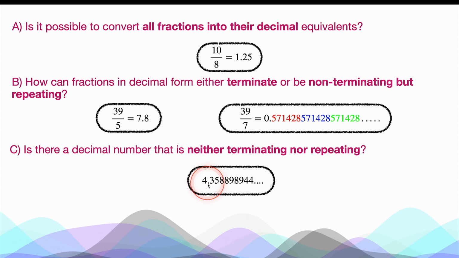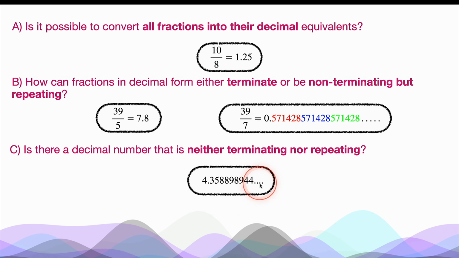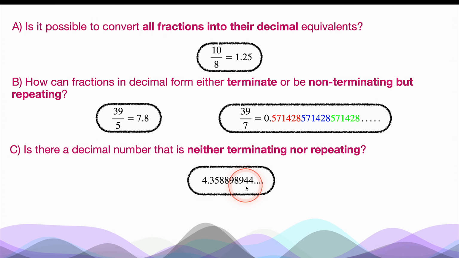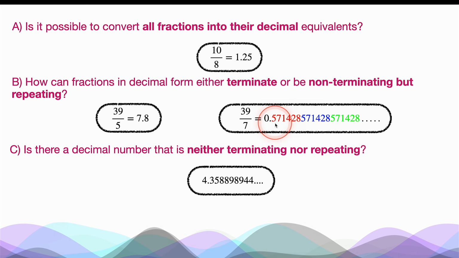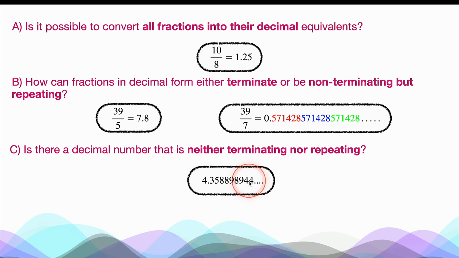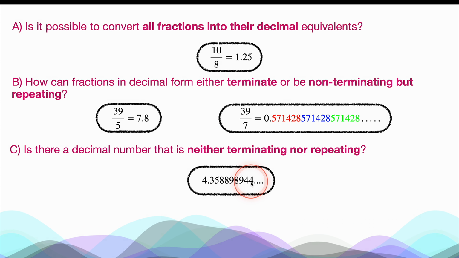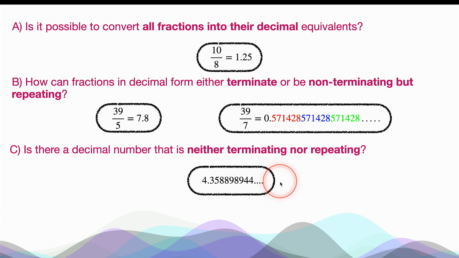This is not terminating, it is going on forever. And it doesn't repeat, unlike the earlier decimal number where a block of numbers gets repeated. Here every number that comes up next is a unique one, and at the same time it is going on forever.